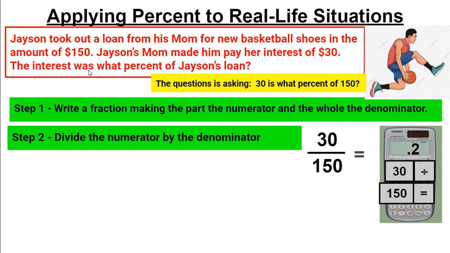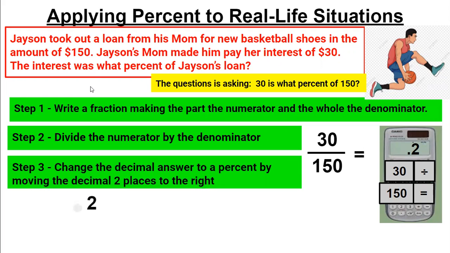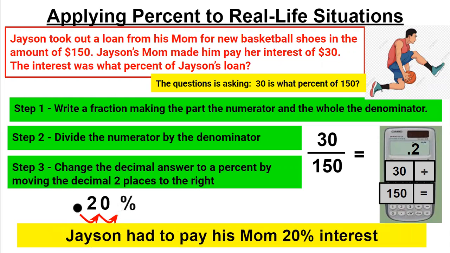Change 0.2 to a percent. How do we do that? 2 to the right. There's your decimal. 1 spot, 2 spots. Uh-oh. We don't have a number there. What do we do? Yeah, we put a 0. Of course. So it's 20%, right? So Jason had to pay his mom 20% interest.